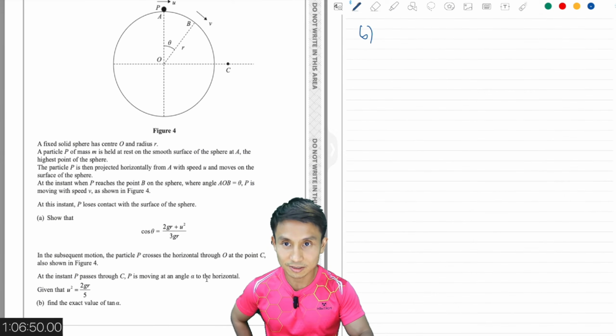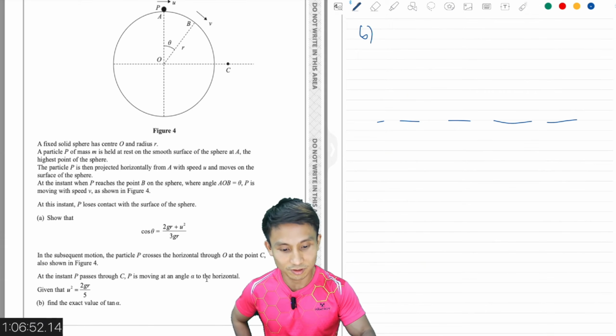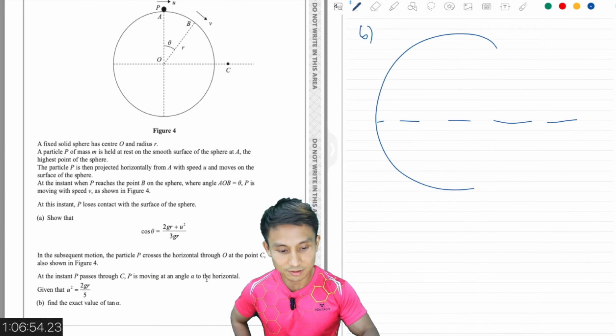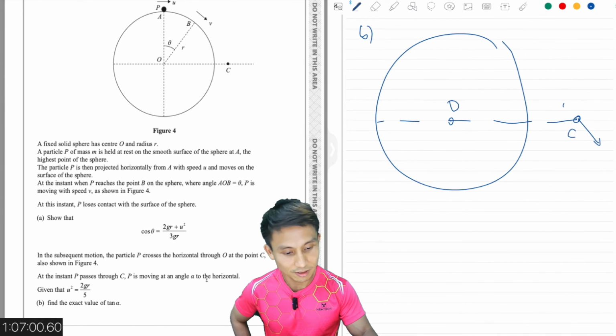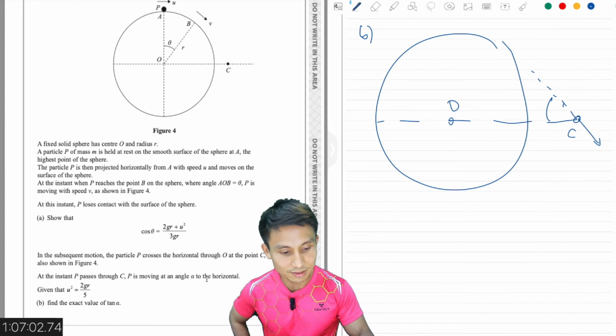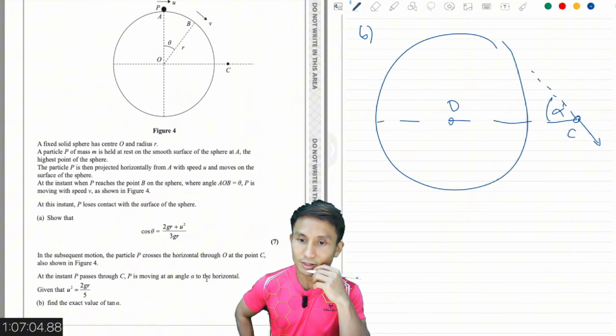So let's say that's the horizontal there. This is the circle, and that's O. So it's moving like that, passes through C, and then the velocity is like that. And this is alpha. Just a quick sketch there.